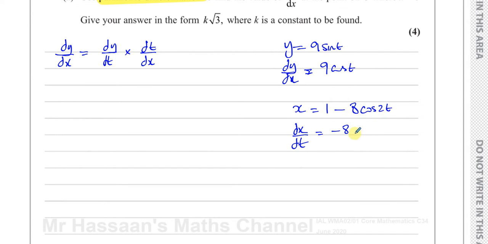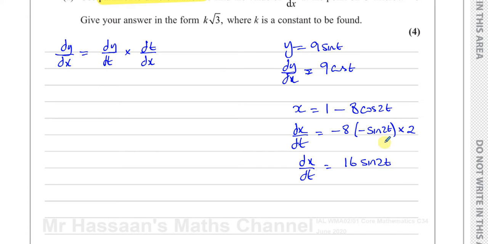Now if you differentiate cosine 2t, you get minus sine 2t. And because there is a function inside this function, it's 2t, not just t, you have to multiply by that 2. So for dx dt, there's a minus and a minus, which is a plus, and 2 times 8 is 16. So you're left with 16 times the sine of 2t.